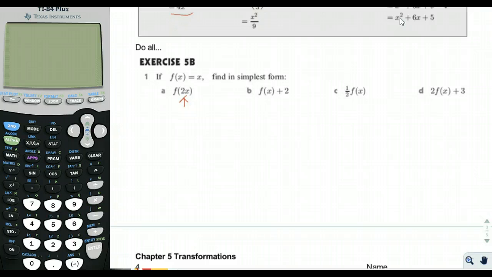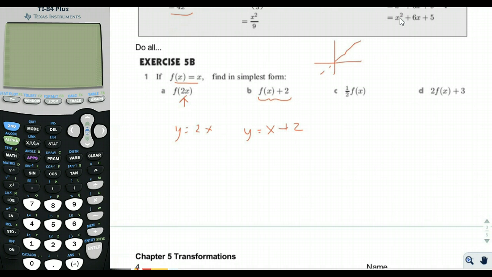Now this is such a simple case, it may be hard to understand what you're doing because f of x is just x, so you really don't do anything. F of x equals x is actually a diagonal line. It's actually the line that we reflect over when we make an inverse, if you remember. So if we substitute 2x in for y equals x, all we get is y equals 2x. If we substitute x in for x, and then we add 2, then we just get x plus 2.